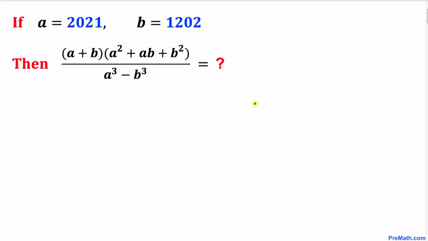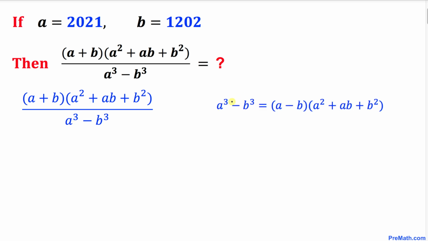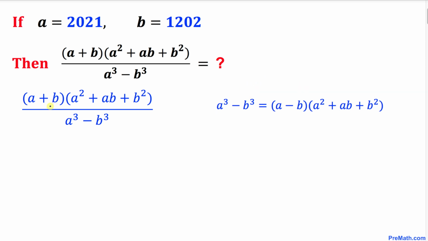So let's go ahead and get started with the solution, and let's focus on the left hand side first. And here I have just copied it down. Now let's focus on the denominator part, A cubed minus B cubed. We will be using this difference of two cubes formula as you can see over here. So this expression could be written as the numerator is going to stay the same.